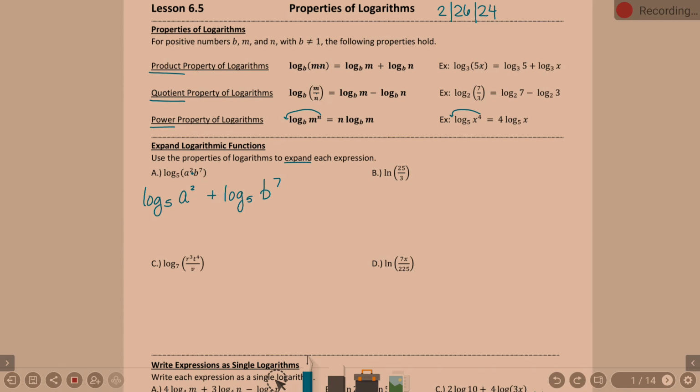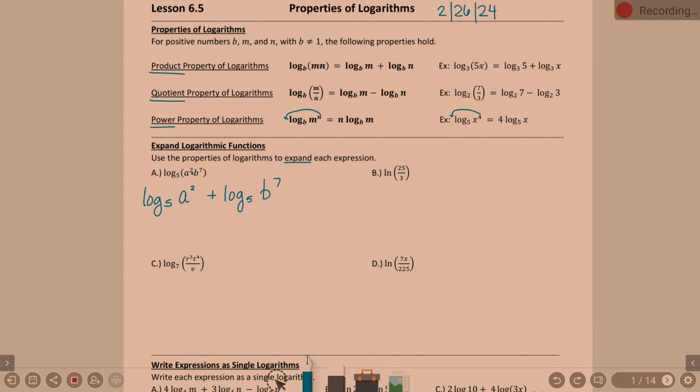Now, in order for this to be expanded the most, if I can use that vocabulary, there's one other property we can apply. And what property can we apply there?